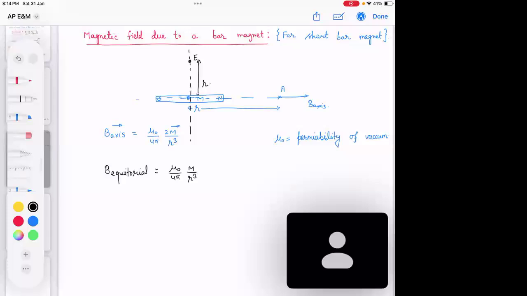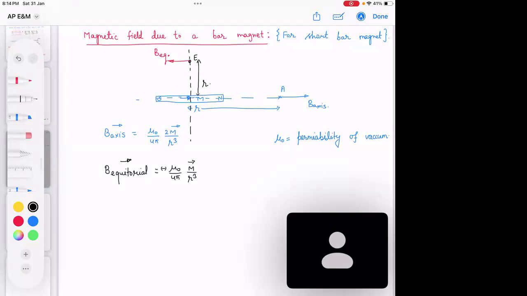And if you calculate, the direction will come opposite of the dipole. So this is the magnetic field on the equatorial point. If I want to write it in vector form, can I put the vector like this, and should I put a minus sign here?